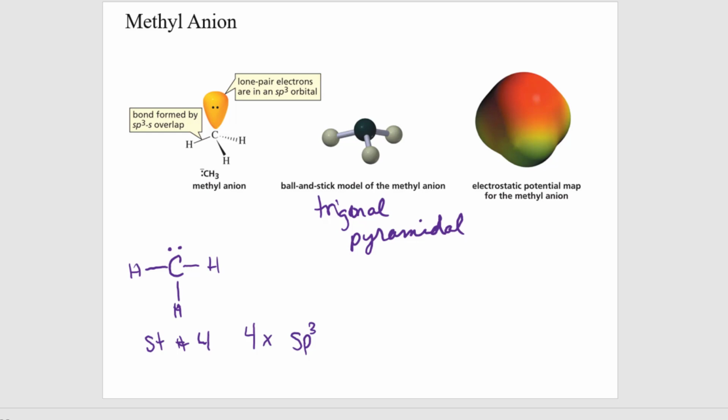As such, you can see that the electron density with that lone pair there is red in that area of that lone pair.